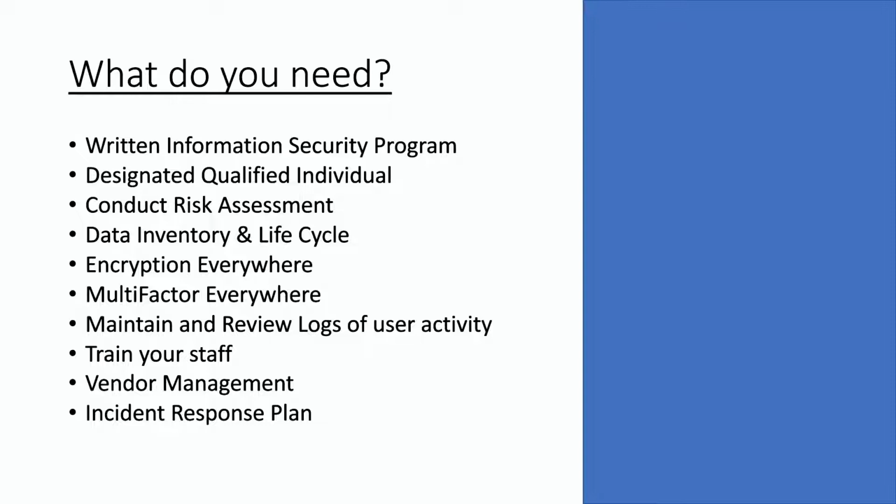The way I'm doing it, I have a very specific implementation order that I think organizations will need to go through: doing your data flow diagram to understand where your stuff is, then your risk assessment, and then today we're going to talk about maintaining and reviewing logs of user activity.